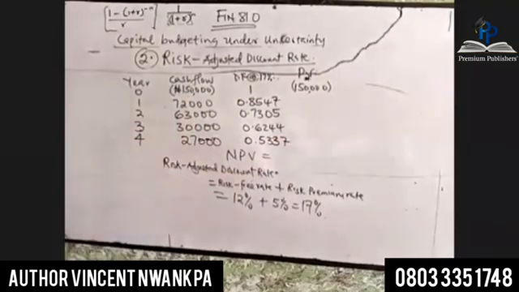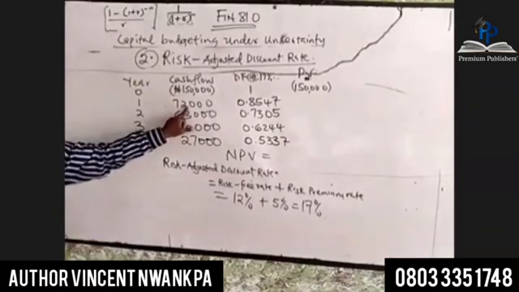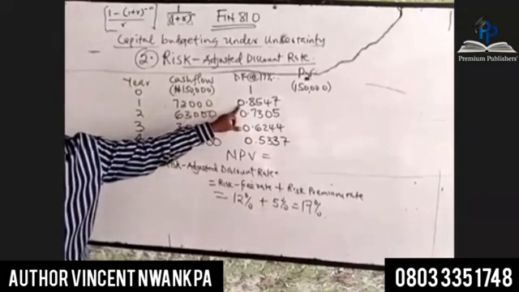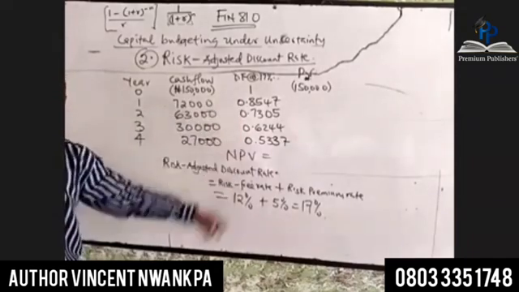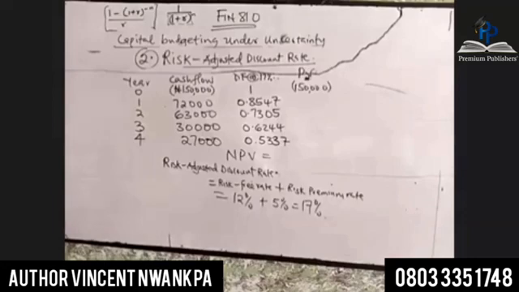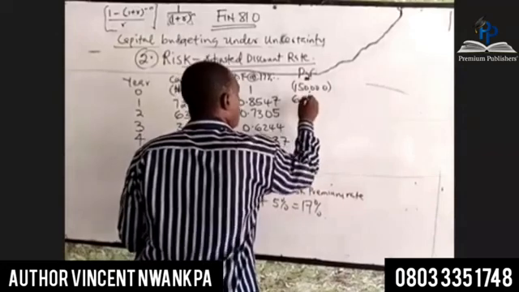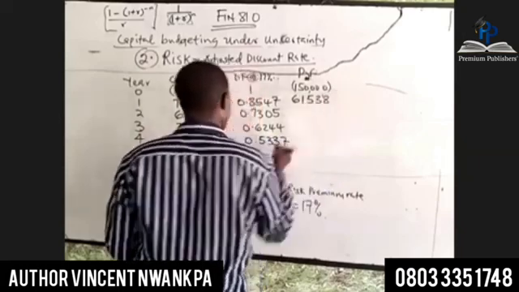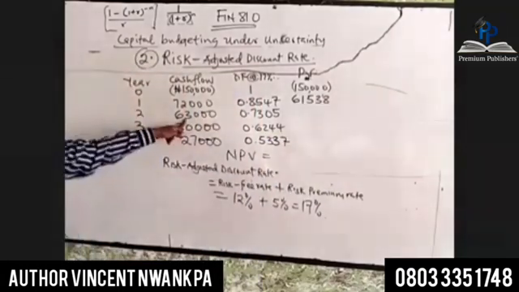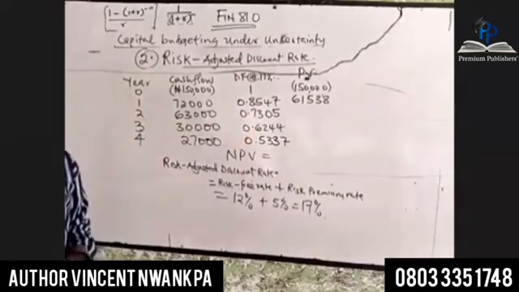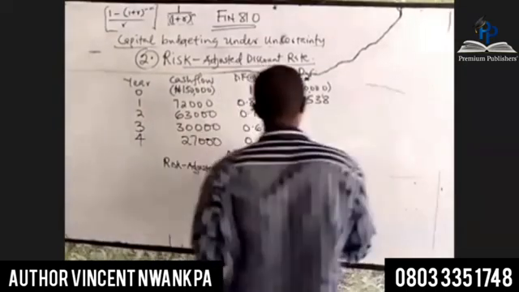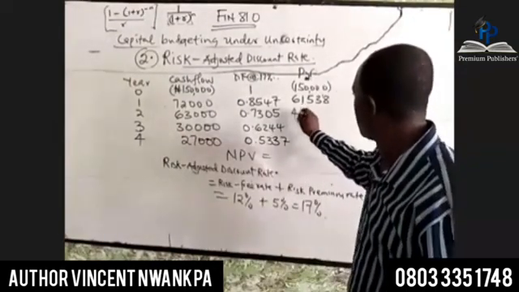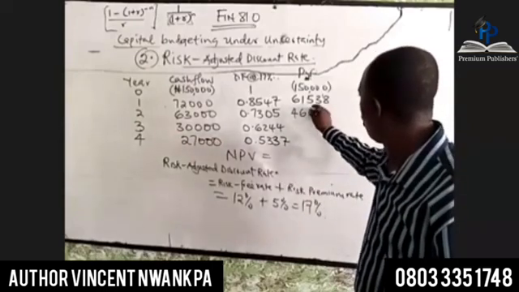Good. Now we multiply the same way we have been doing. 72,000 times our discount factor, as usual, gives 61,538.4. It's not up to 5, so we leave that. This one, 63,000 times the discount factor, gives 46,022.